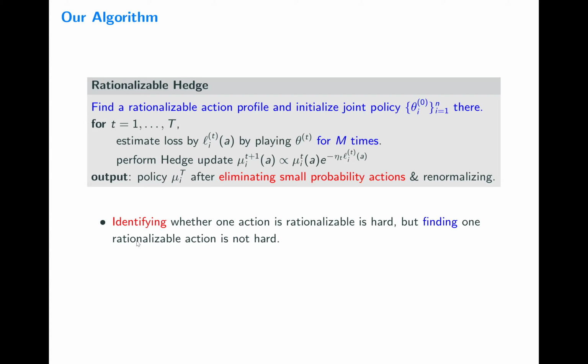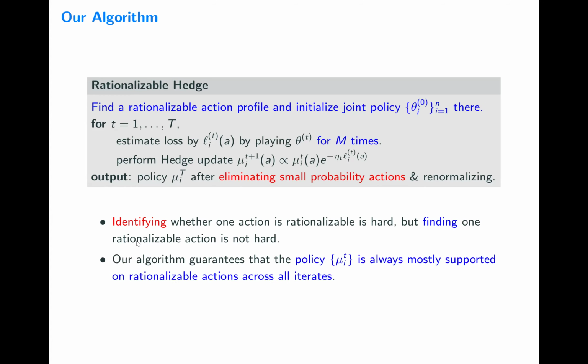That is, if you want me to tell you whether action A is rationalizable or not, this is very difficult. But if you just want to find one rationalizable action, it's not necessarily action A. It can be action B, it can be action C, it can be any action. I don't care, as long as it's rationalizable. Then finding one such action is not very hard. This is why we can do this initialization: we don't know which action we're going to find, but we just need to find one.